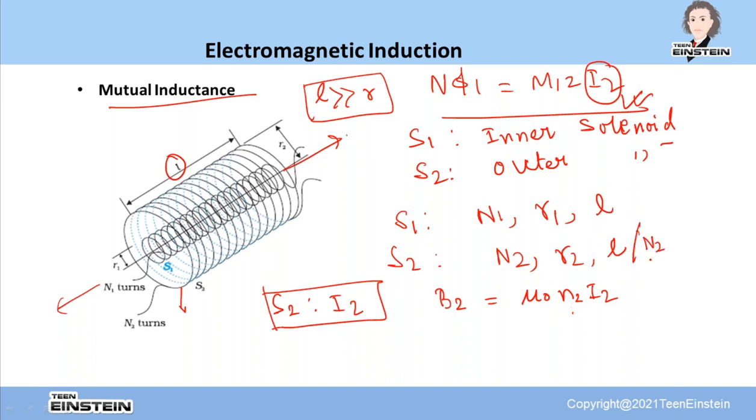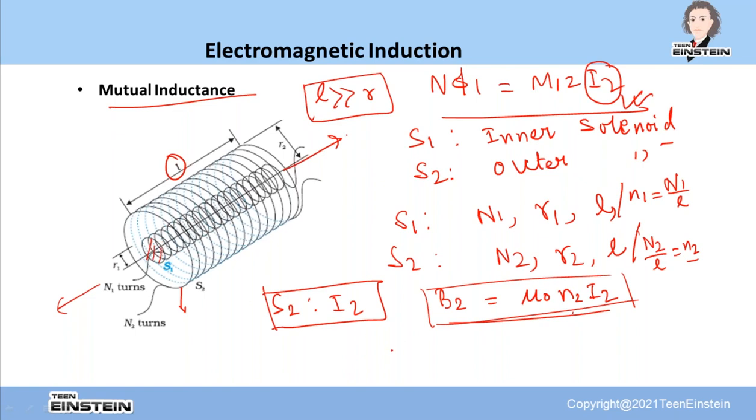This will be N2 by L. Similarly here I can write small n1 as capital N1 by L, the number of turns per unit length. I hope you know this because we have already learned in the fourth chapter the magnetic field produced by a solenoid. So I have to find the flux linked in S1.